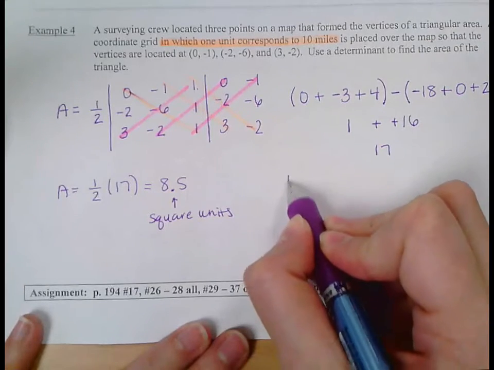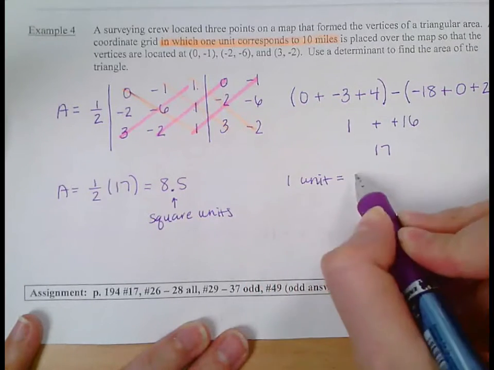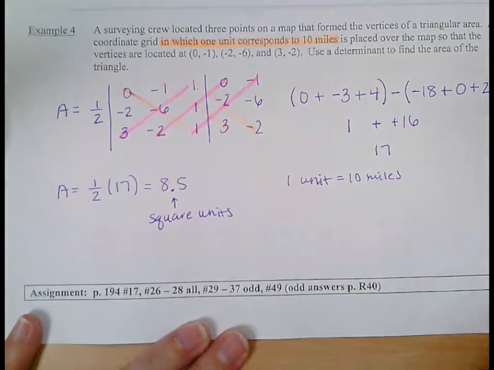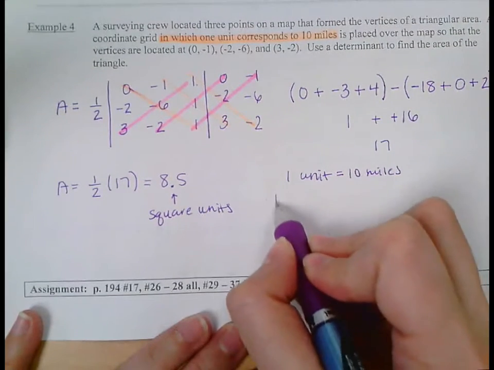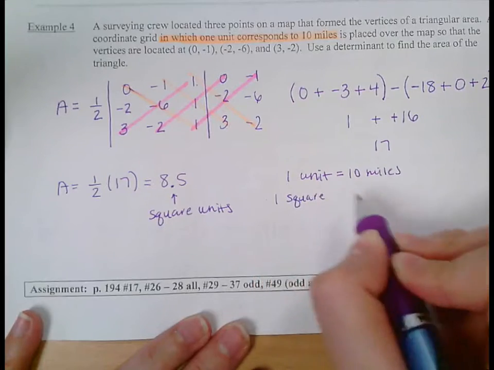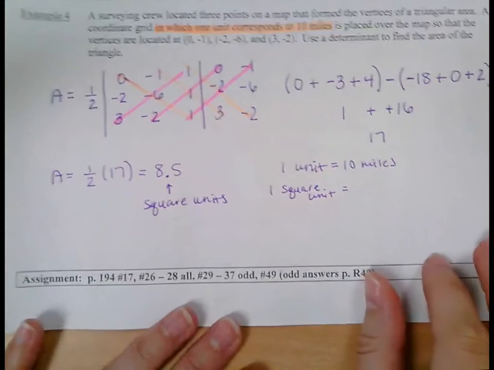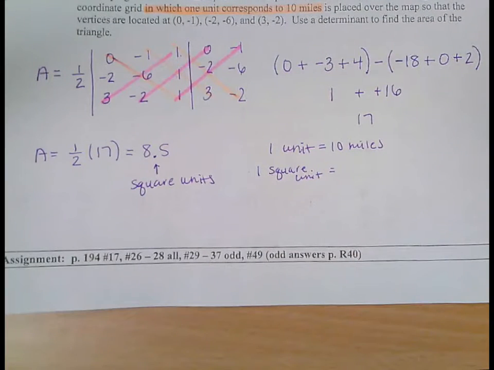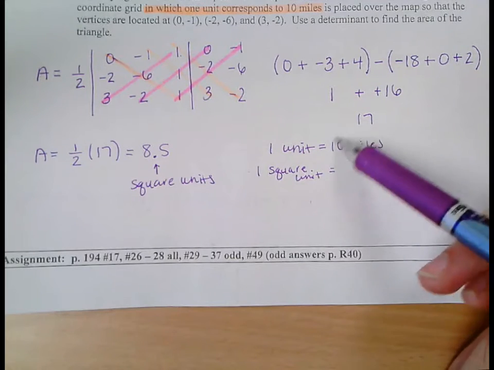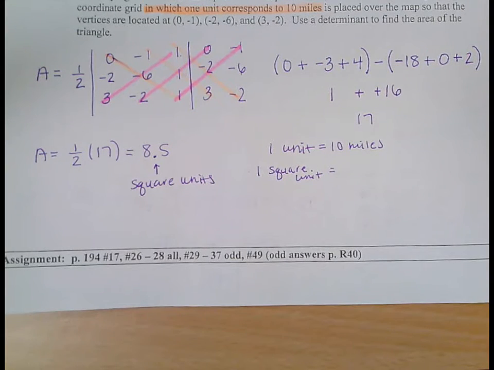So if I have that 1 unit represents 10 miles, then how many miles would 1 square unit measure? Ideas. If 1 unit is 10 miles, how many miles would 1 square unit measure? A 100, yes, because I would have 10 miles by 10 miles for 1 square unit.